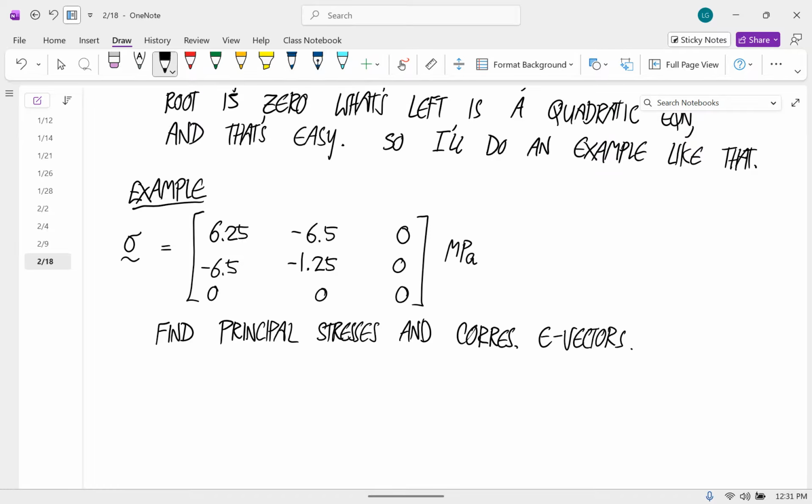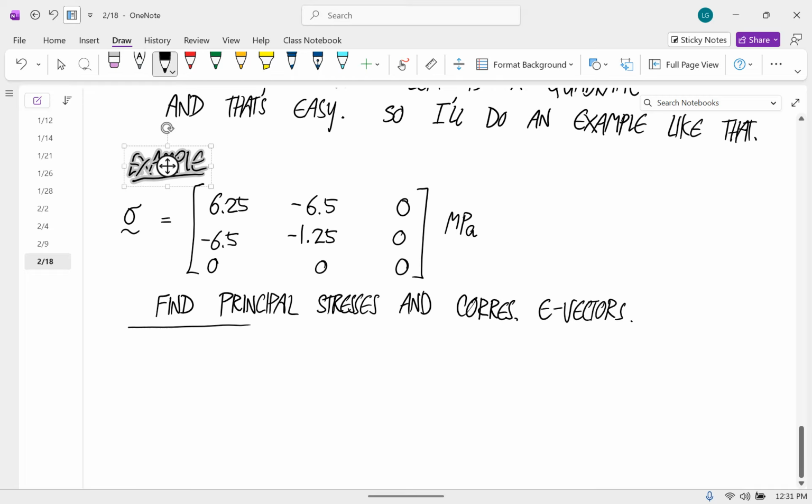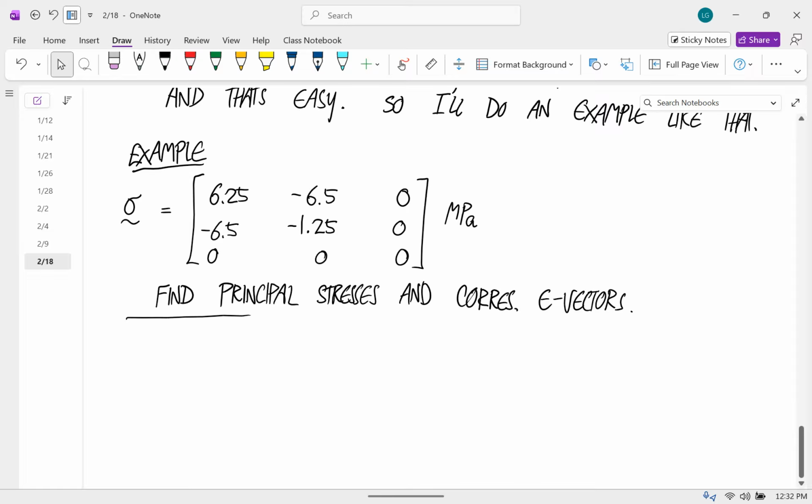Okay. Well, after we go through that little bit of matrix algebra, remember we just come up with a problem of setting a determinant equal to zero. So here is the matrix where we're trying to set the determinant equal to zero.